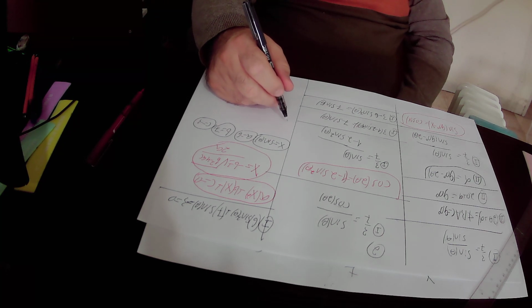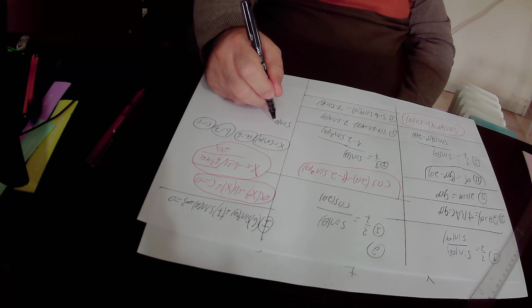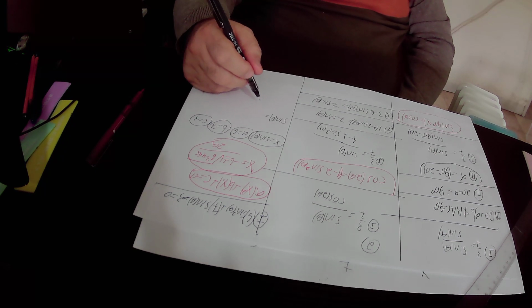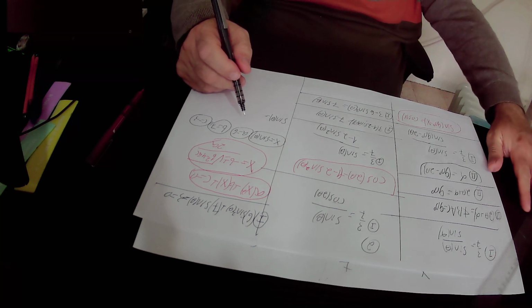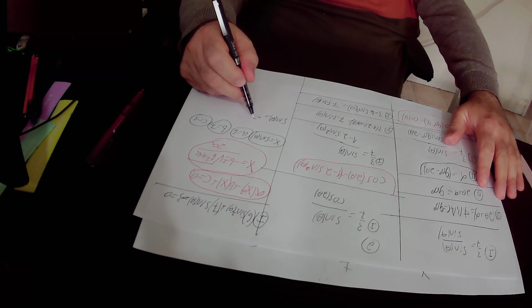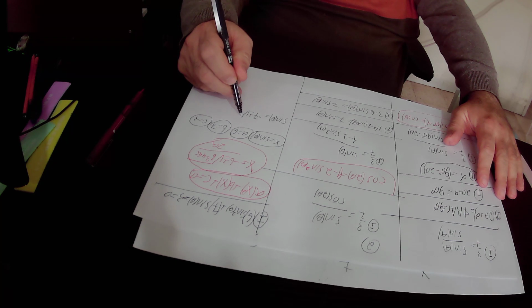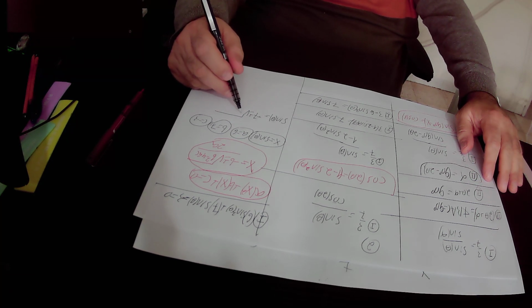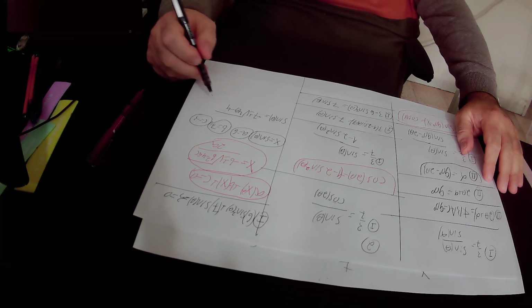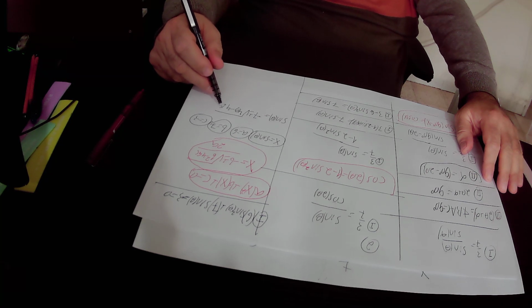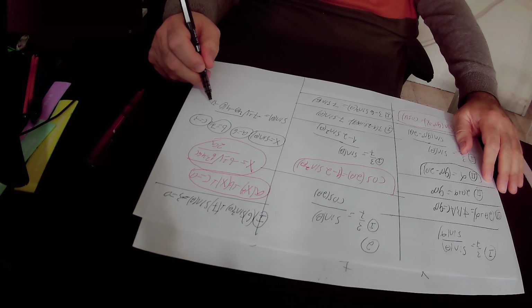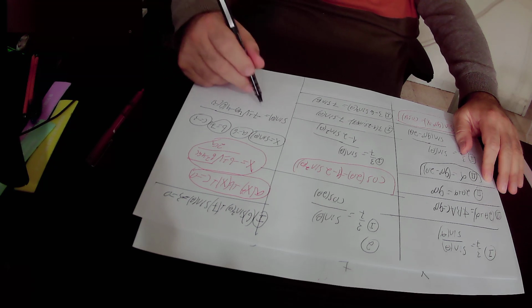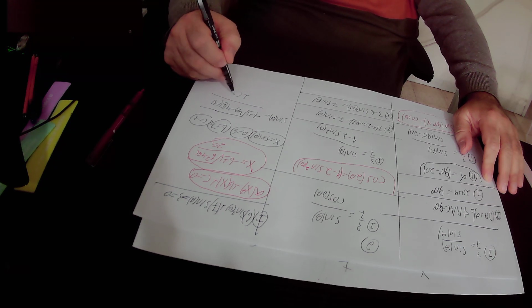So sine theta will be equal to minus b. B equals 7, so minus b is minus 7, plus minus square root of b squared. B is 7, so b squared is 7 squared. 7 squared is 49. Minus 4 times a is 6, and c is minus 3, all divided by 2 times a, and a is 6.